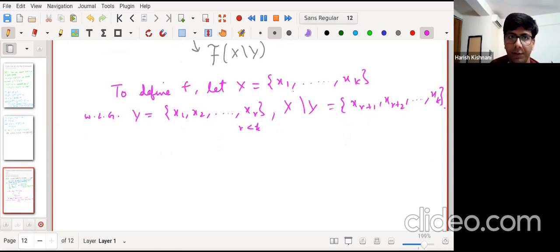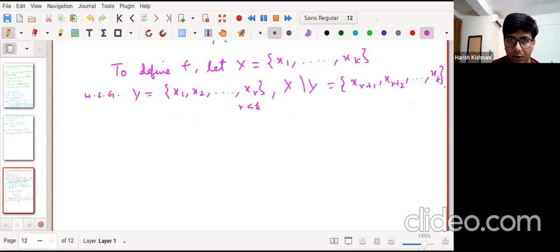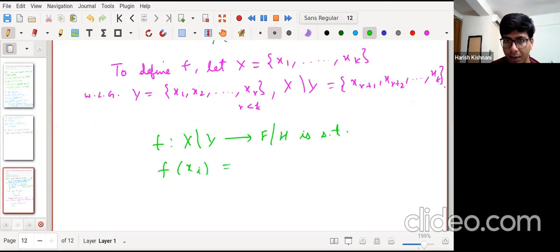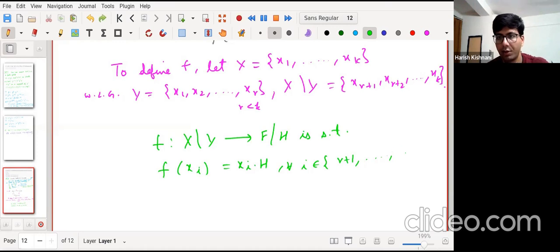Now your f will be defined like this. f from X minus Y to F modulo H is such that f of xi is just the coset of H with xi, for all i belonging to the indexing set r plus 1 to k.